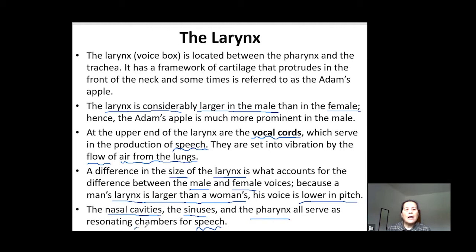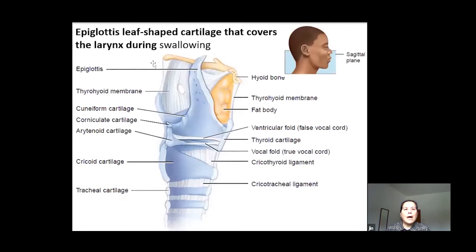That's like a sound chamber in there, and then people can make bigger sounds. So that's just the anatomy picture here. It shows us some cartilage. They form the larynx, and the lower part connects with the trachea cartilage.